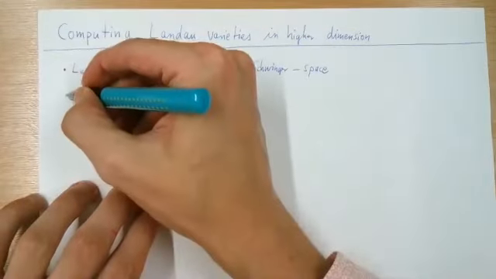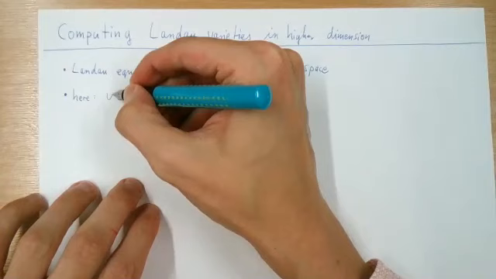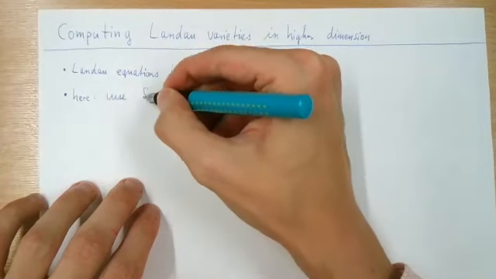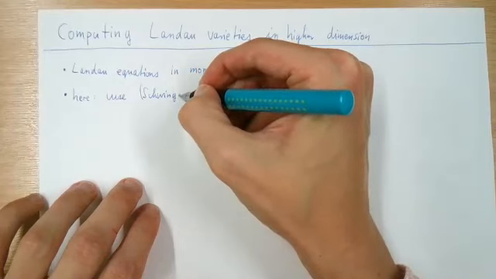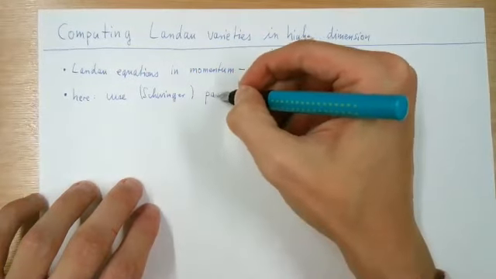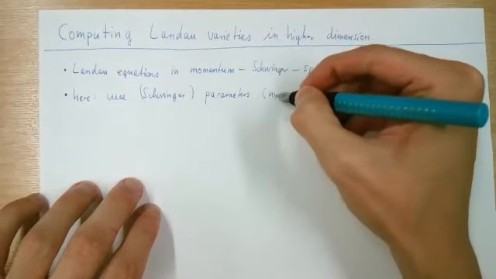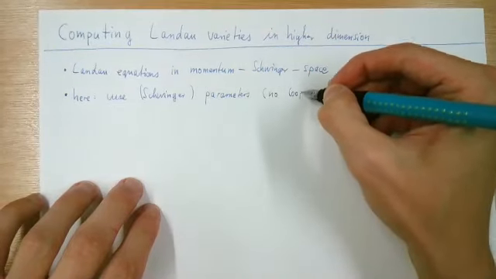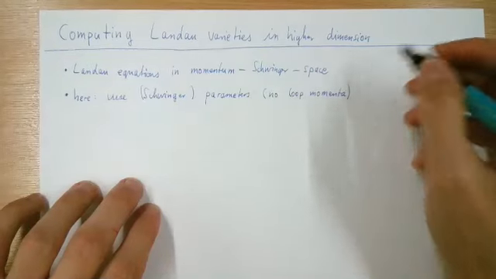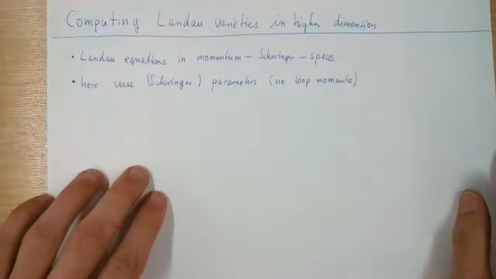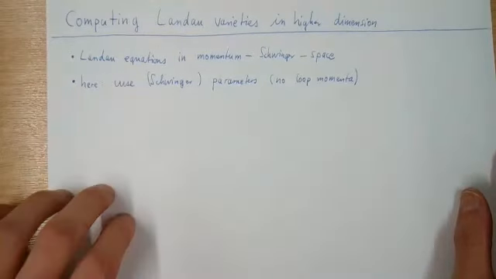So here, use parametric integral representation. So I won't have any loop momenta around. And the idea is to do a recursion step by step, one variable at a time.